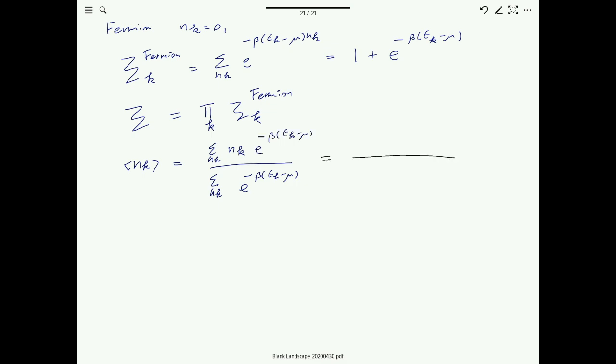There are not so many terms, you just write down all of them. So you get the same exponential, but now you have plus 1. How do I remember this is a plus 1? Because my occupation number can only be 0 or 1. So you have a plus 1 instead of a minus 1. If you have a minus 1, then your occupation number apparently can go larger than 1.